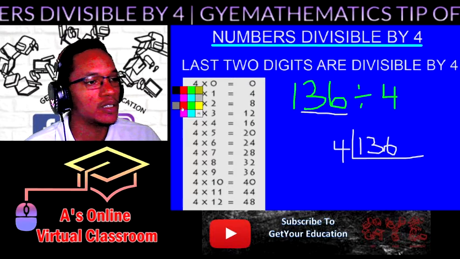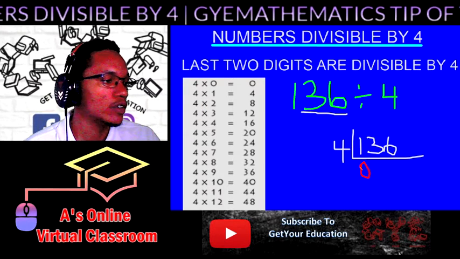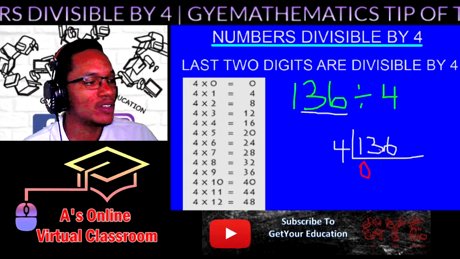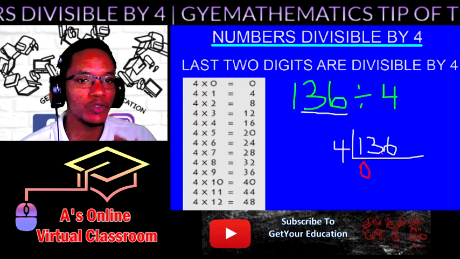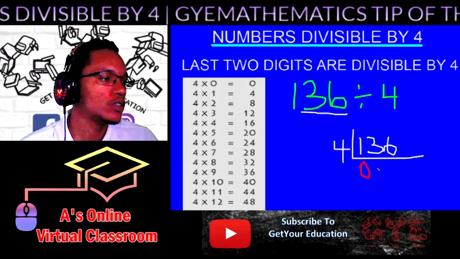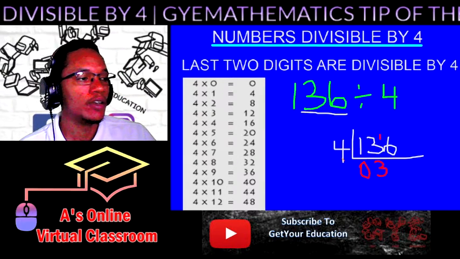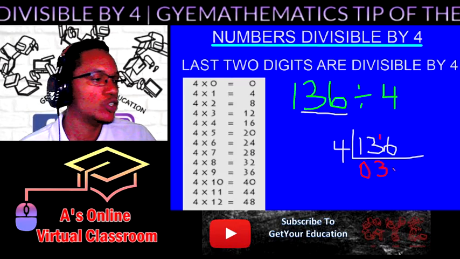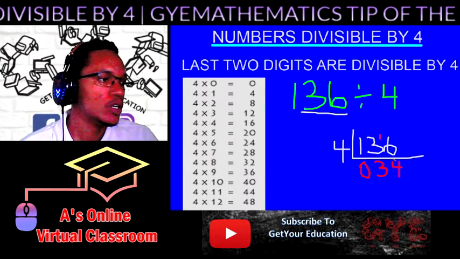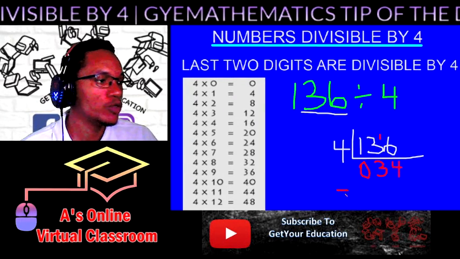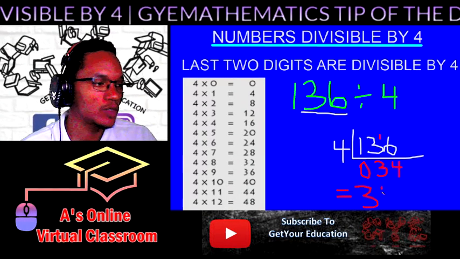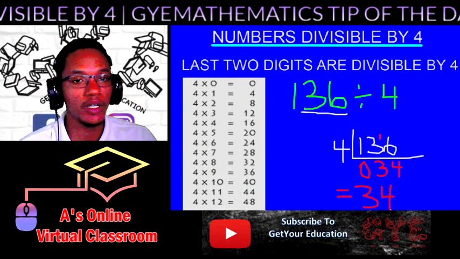You start off by saying 4 into 1, cannot. So then we go 4 into 13, the next digit along with the first digit together. 4 into 13 is 3, remainder 1, and then you have 4 into 16, which is 4. So 136 will be divided by 4 34 times without leaving a remainder.